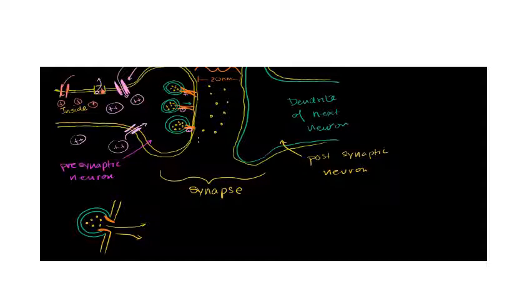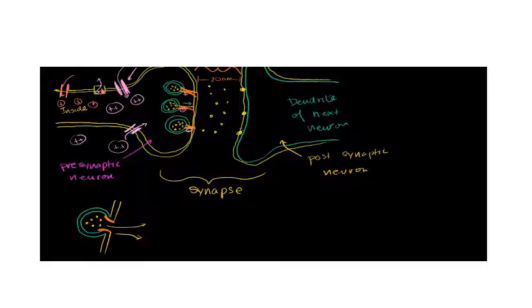So these are words that you've probably heard before. But anyway, these enter into the synaptic cleft, and then they bond on the surface of the membrane of the postsynaptic neuron, or this dendrite. So let's say they bond here, and they bond here. So they bond on special proteins on this membrane surface.